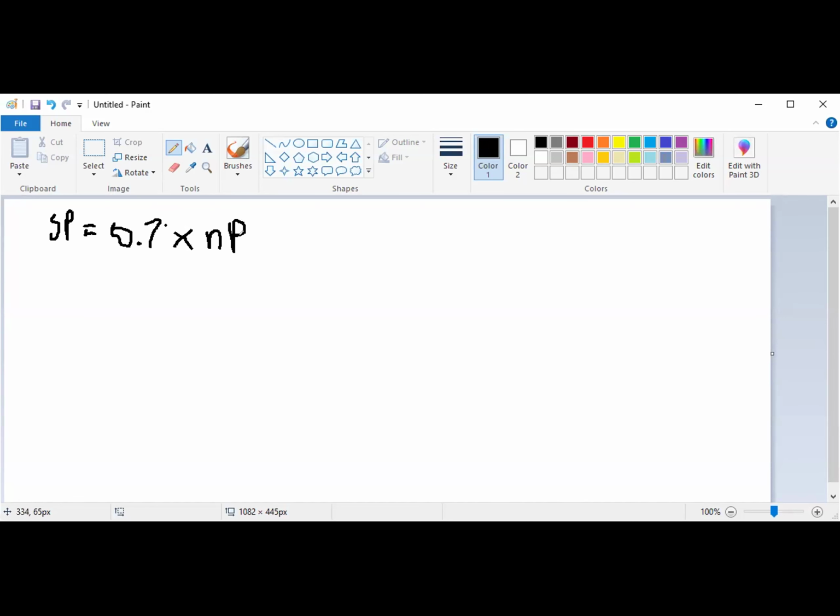Remember, what we're looking for is NP. And anytime we have a number multiplying what we're looking for, to find it, we will divide both sides by the number that's multiplying what we're looking for. So what that means is that NP will be equal to SP over 0.7.